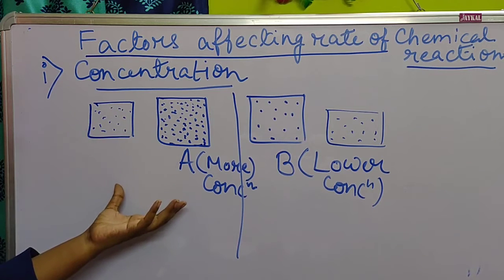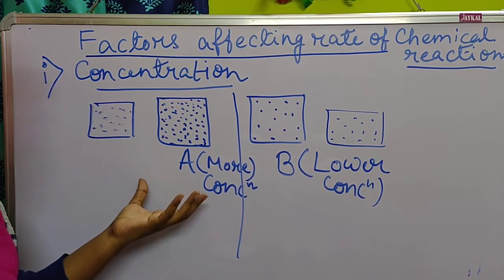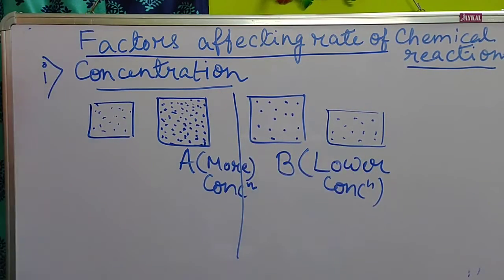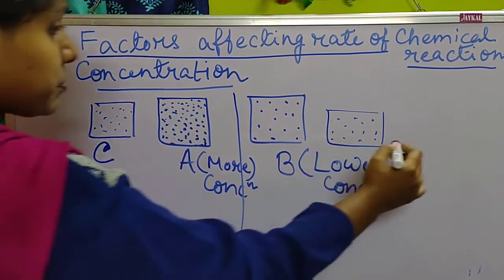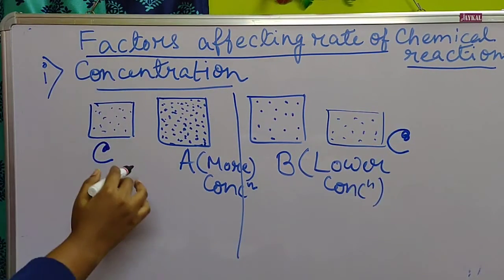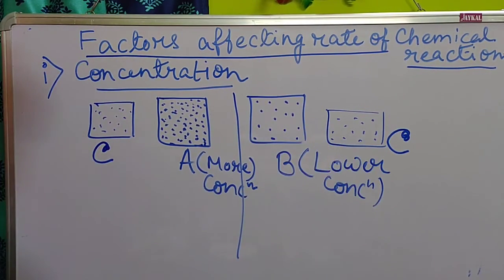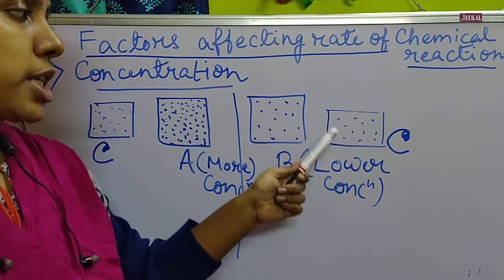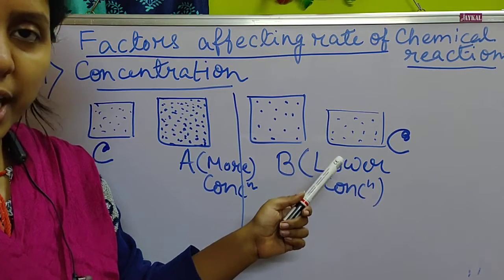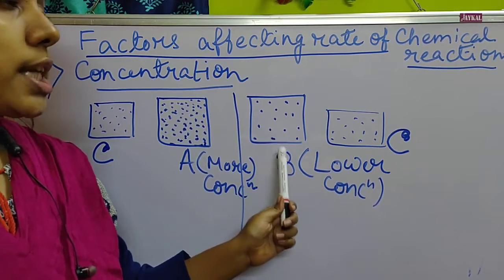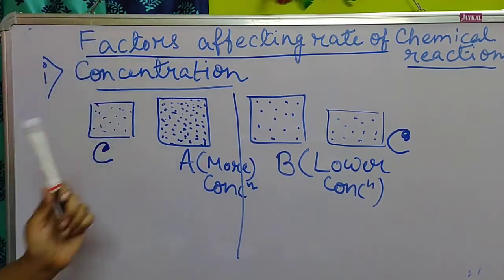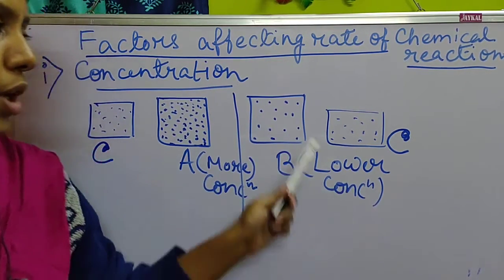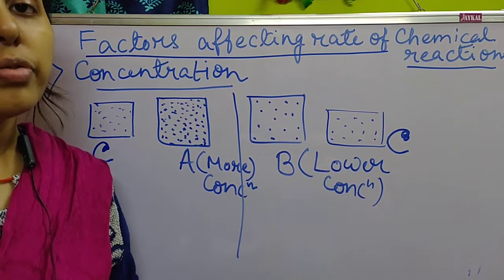So in this case the rate of the reaction will be high. Both of these are the same, this is also C, this is also C. But when C is mixed with B, as fewer molecules are present, intermolecular collisions will happen here also, but the number of collisions will be less than this. Because fewer collisions occur per unit time, it will cause a lower rate of reaction.